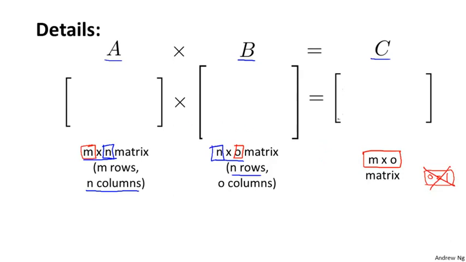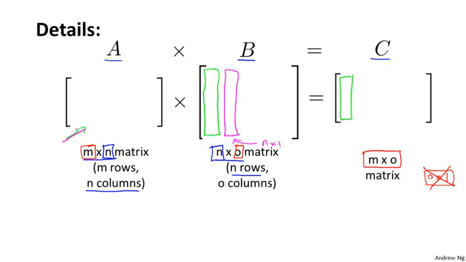So here's how you multiply together the two matrices. I'm going to take the first column of B, treat that as a vector, and multiply the matrix A with the first column of B. The result of that will be an m by 1 vector, and I'm going to put that over here. Then I'm going to take the second column of B, which is another n by 1 vector, an n-dimensional vector.